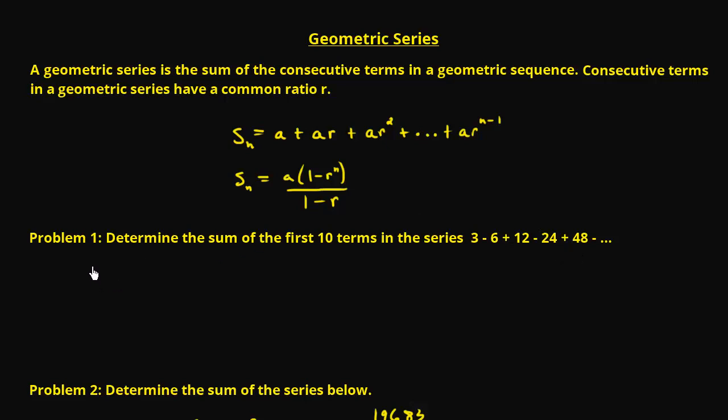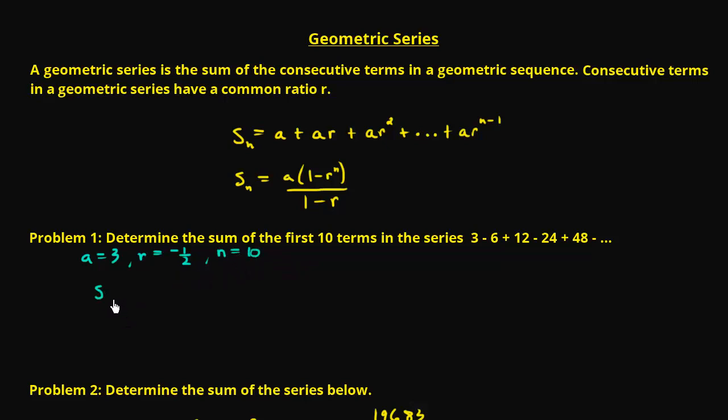It is a geometric series with first term 3 and common ratio minus 2. And since we're summing only the first 10 terms, we have that n is equivalent to 10.